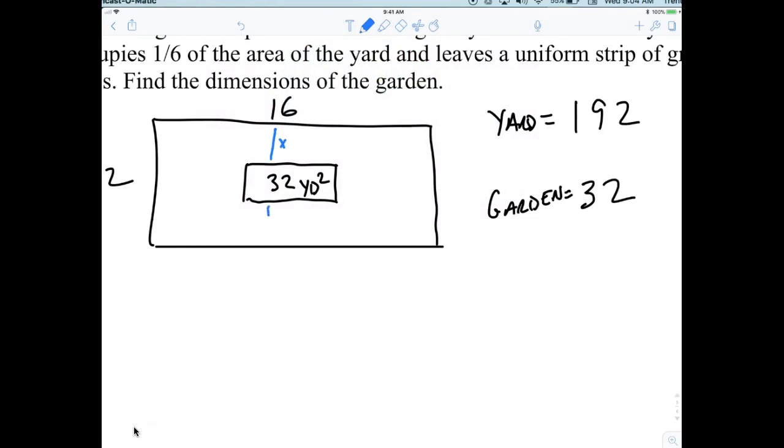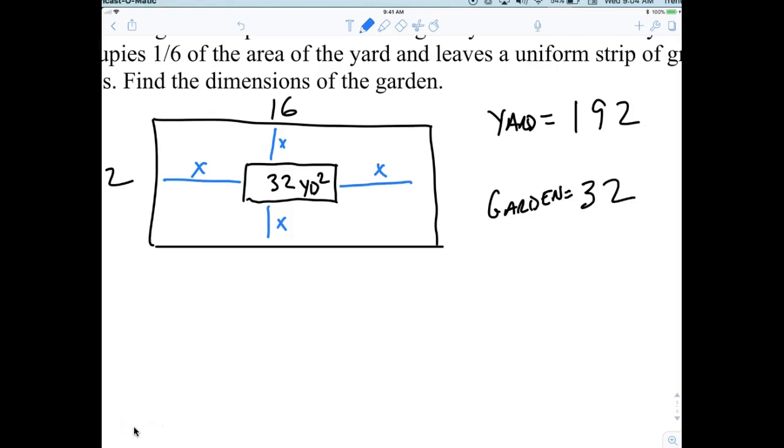And from here to here is what? Because it's uniform, this distance is x. Whoever said y could be correct, except because it's uniform, that means it's the same everywhere. Is everybody agreeing with me?